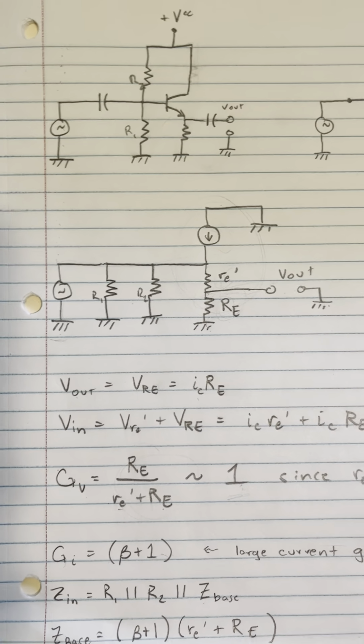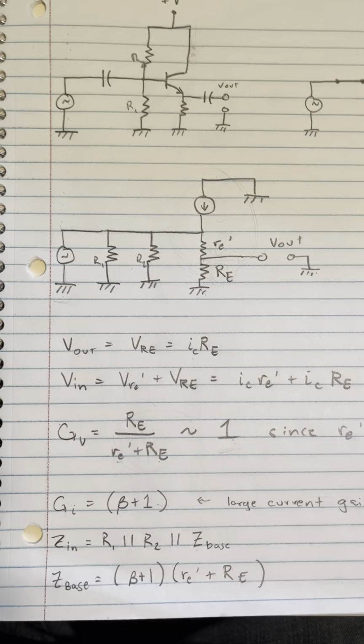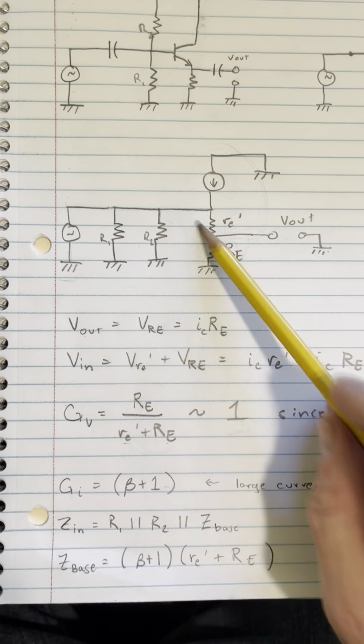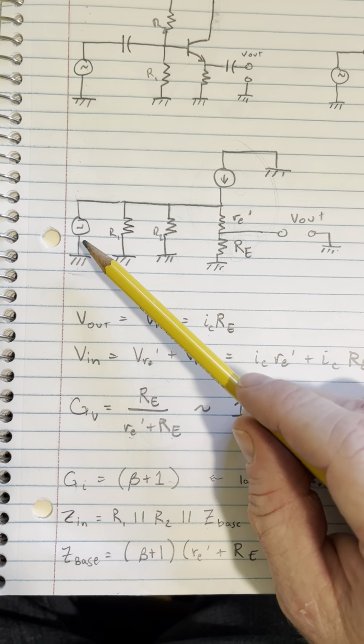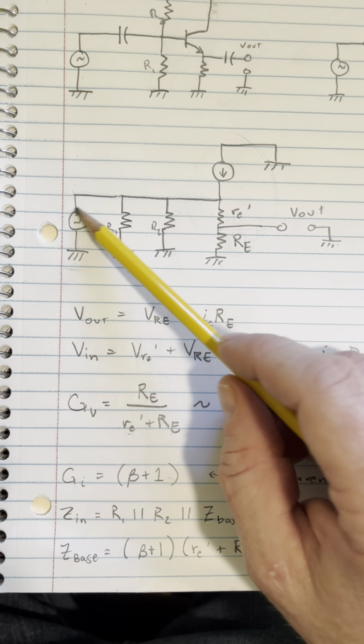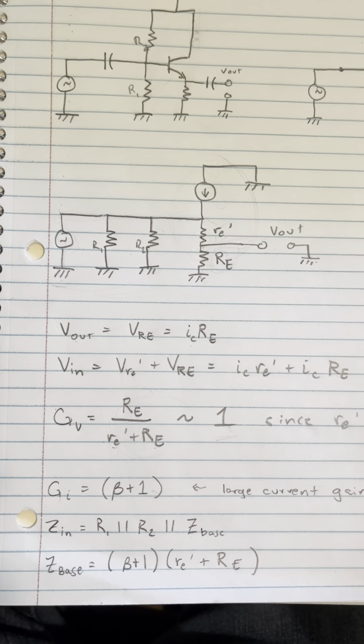You might wonder, if the common collector amplifier gives you a voltage gain of 1, what's the point? Well, the point is you can optimize it so that the input impedance is very large, and not only that, but whatever this voltage supply is doing doesn't make it across to the other side.